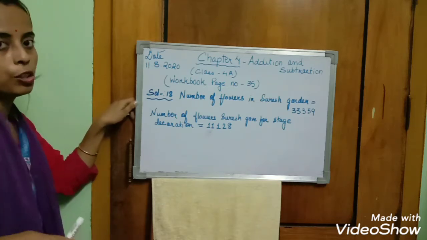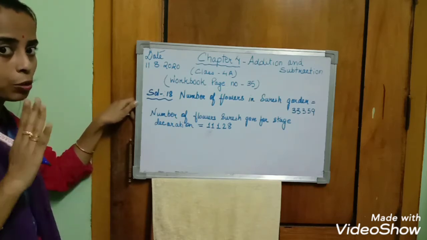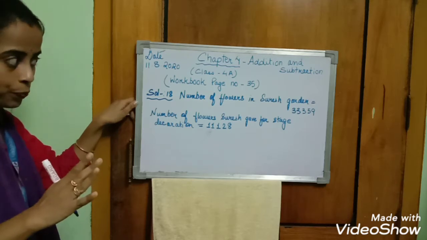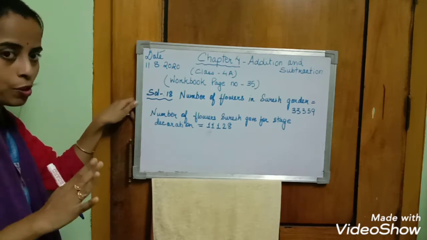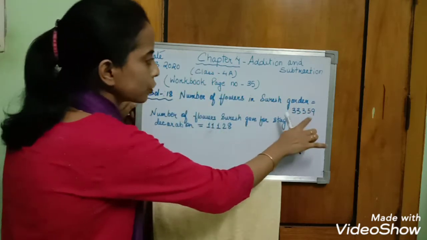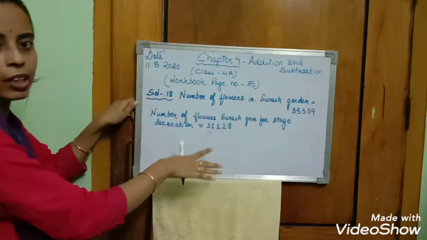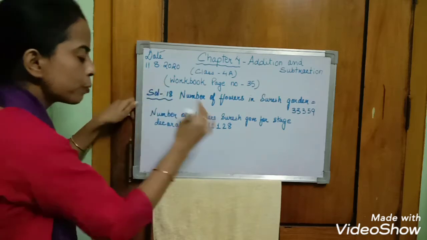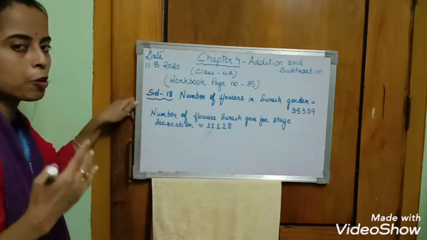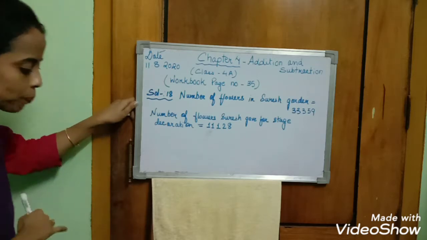So to find out the number of flowers in Suresh's garden, what we have to do? The question is asking left. So we have to subtract: number of flowers in Suresh's garden minus number of flowers Suresh gave for stage decoration. When you do minus, then only we will get the number of flowers left in Suresh's garden. Clear?